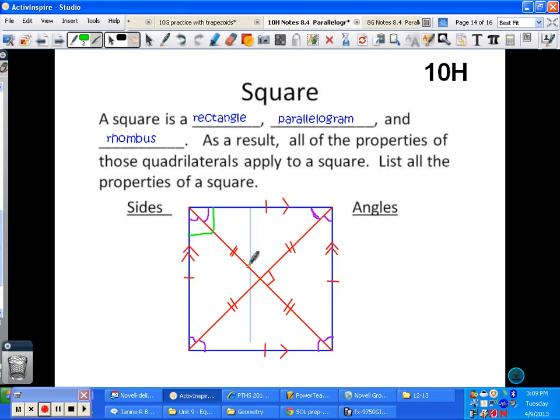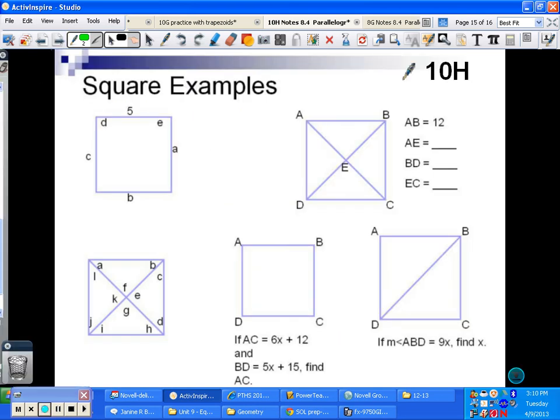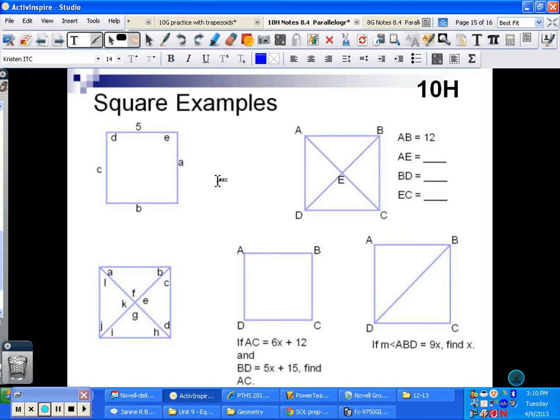We also know obviously that these are right angles, all of them. So lots of information on a square. You should go in and list out all of the properties that we've listed through all these slides for sides and angles, but I wanted you to see the square as a drawing with it labeled so you could see what is what. Because of that, there are some relatively simple problems and some relatively complicated problems for squares.